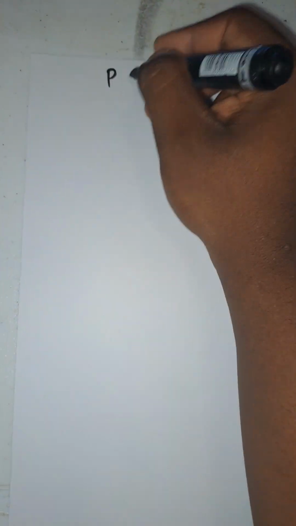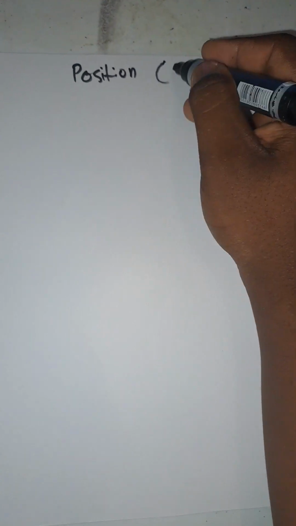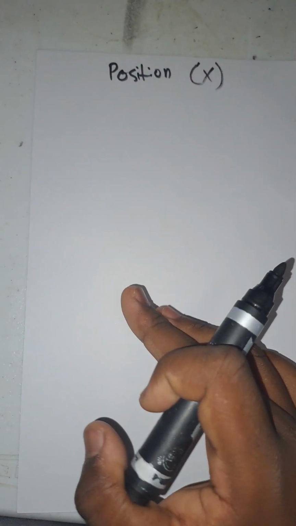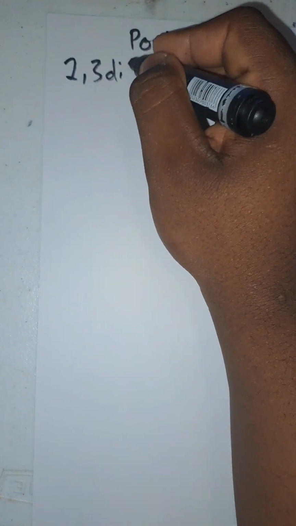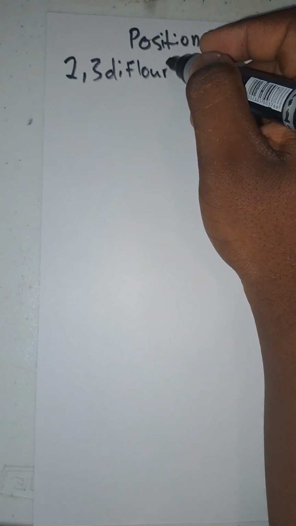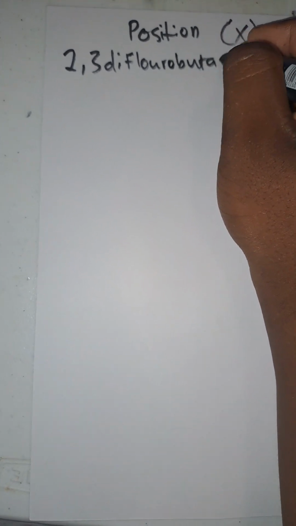So now, guys, when you continue, I want to tell you something about the position of your halogen. Because you're going to have something like this. Let me simply choose an example. Let's say we have 2,3-difluorobutane.